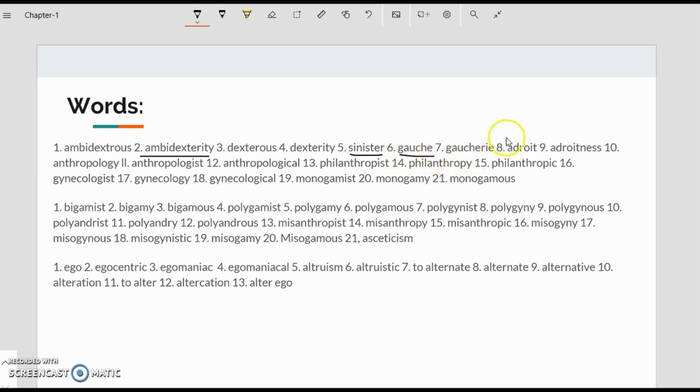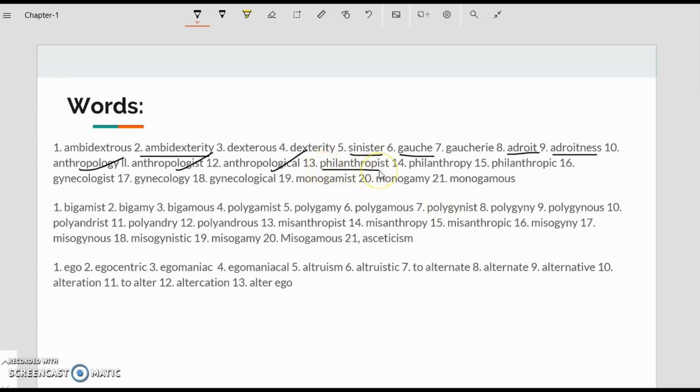Gauche is a French word for left-handedness. Adroit means right-hand word, which is from French, and right-handed persons are considered skillful. Adroitness means skillfulness. Anthropology, study of mankind. Anthropologist, anthropological. So from a single word, we can derive the noun form, the adjective form, and the verbal form.